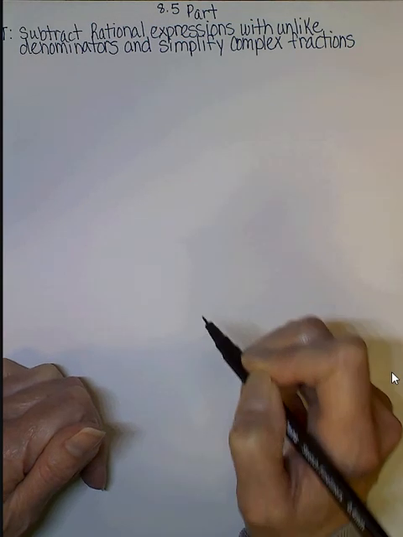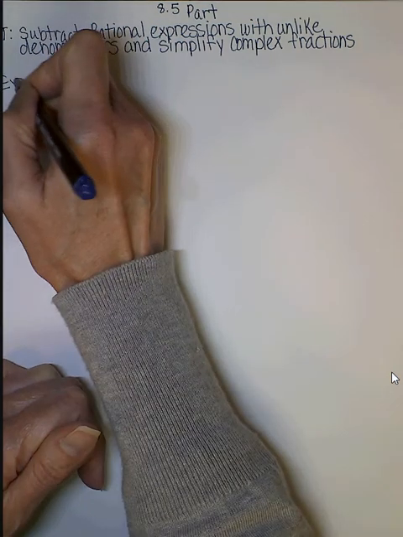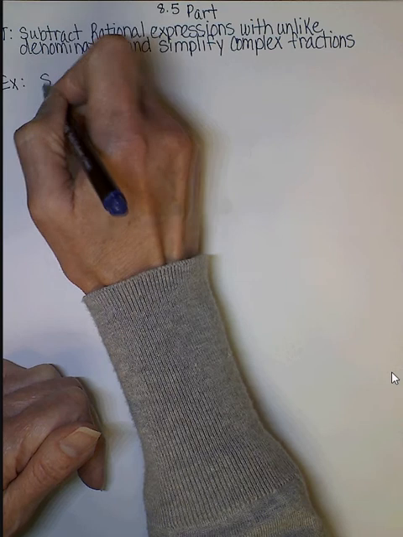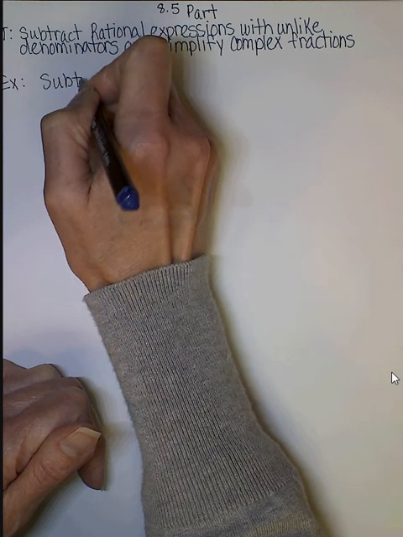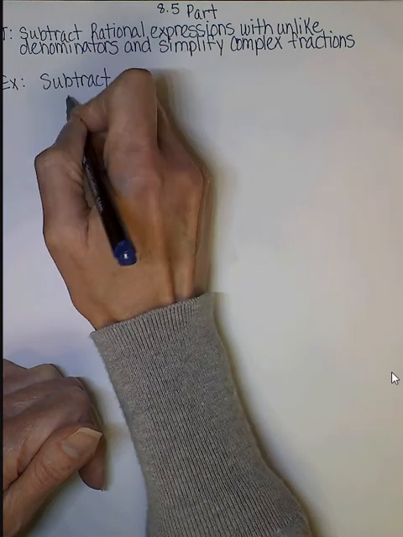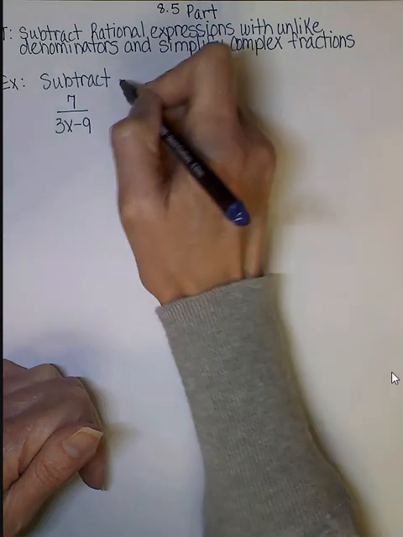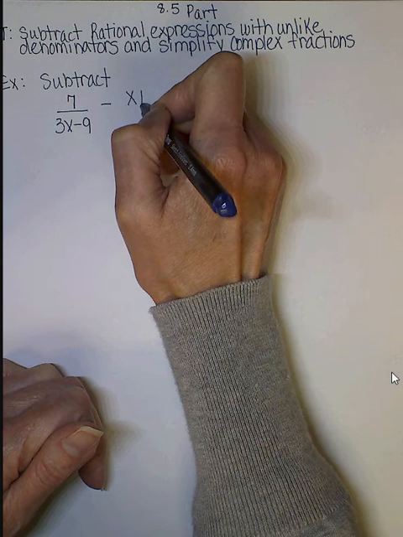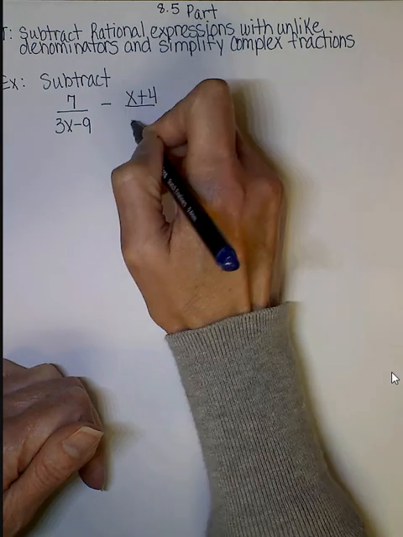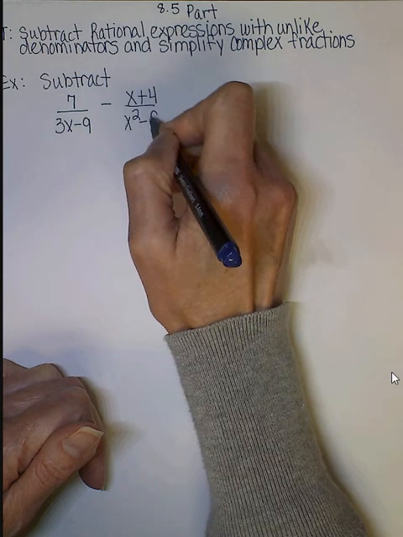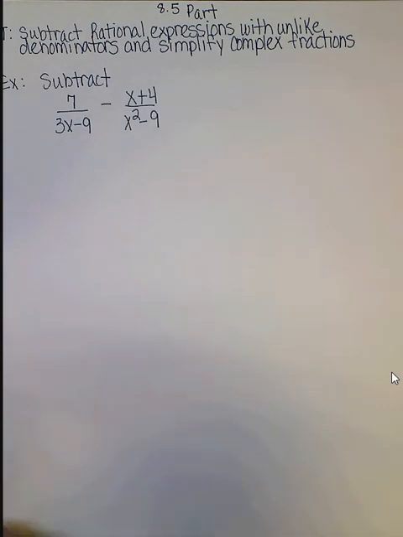Alright, so let's look at another example here. We're going to subtract these rational functions. Okay, so they don't have like denominators.